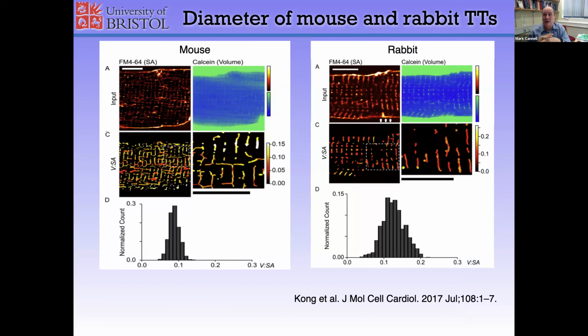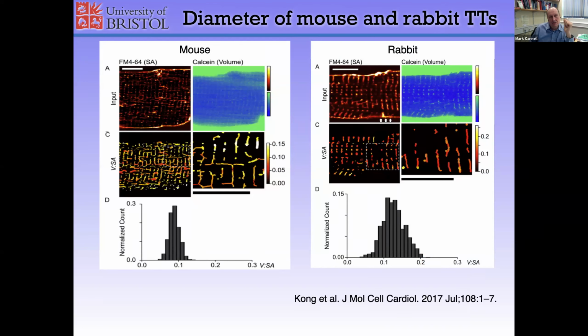So could we quantify anything more about how big these structures are, apart from using the very laborious method of electron microscopy that may introduce its own problems, as I'll describe in a minute? And we introduce a rather simple, quick method which people may want to use.